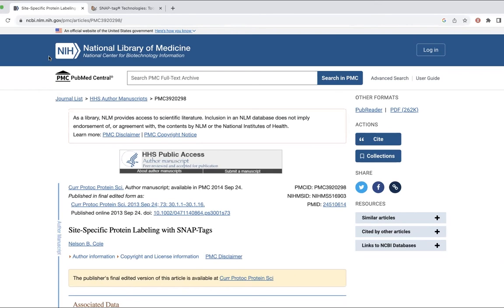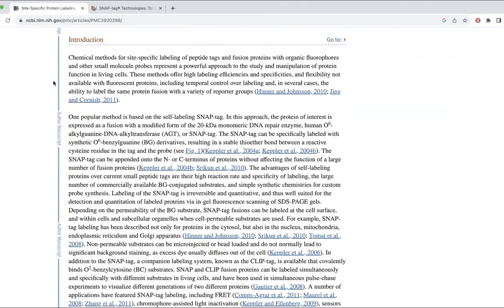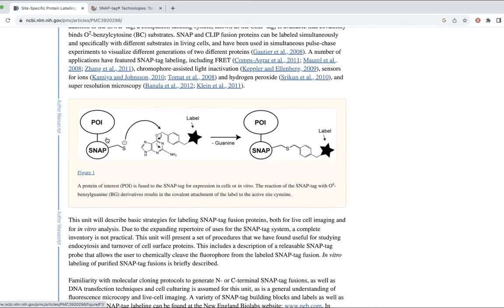For ACE2, they use something called a SNAP tag. Basically, it's a little enzyme that you can fuse with your protein. Instead of directly fusing a fluorescent protein, you fuse this enzyme, which will react with a fluorescent molecule that you add, or other types of molecules, form a bond to it, and now you have it labeled this way.